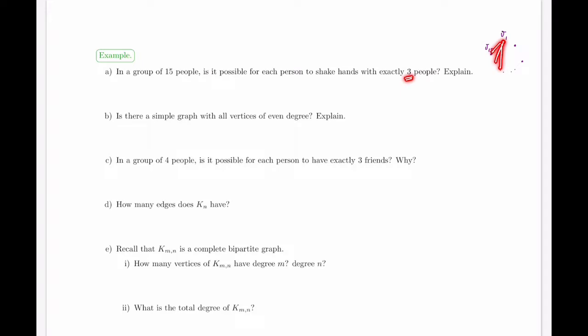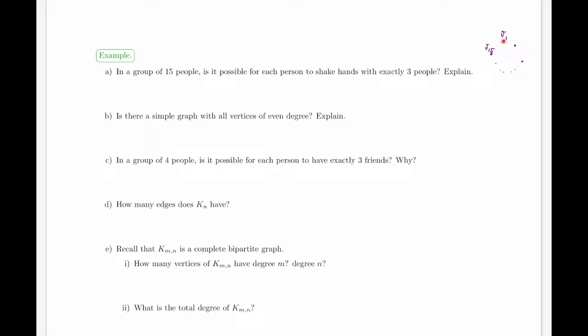Now remember that the sum of all the degrees of all the vertices in the graph has to be even, which also, as we discovered last time, implies that the number of vertices of odd degree must be even.